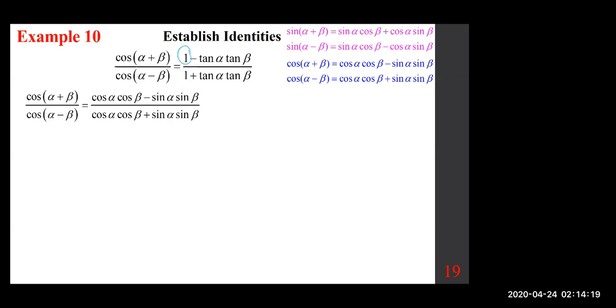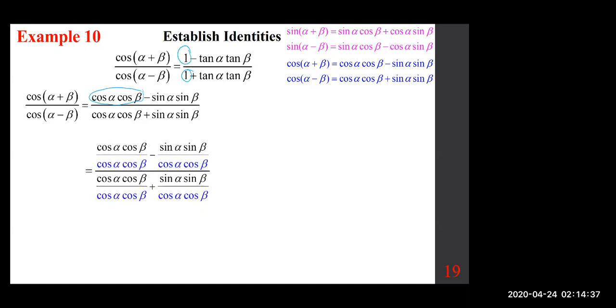You're hoping to get to number 1 as your first term for the top and the bottom. How do you get there? Well, what if we could divide by this, the top and the bottom? We do get to the 1 if we do that.